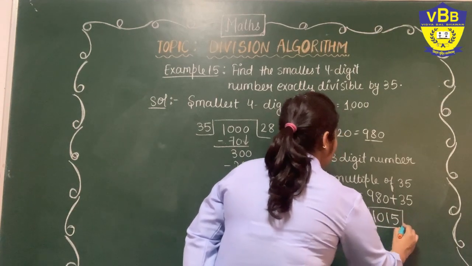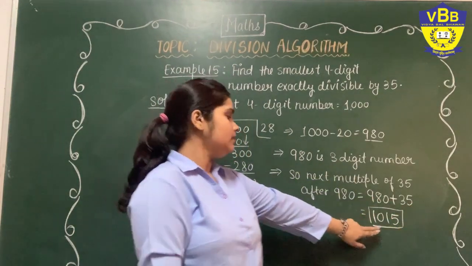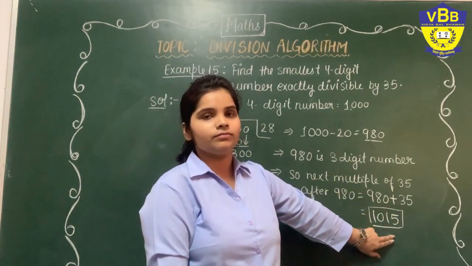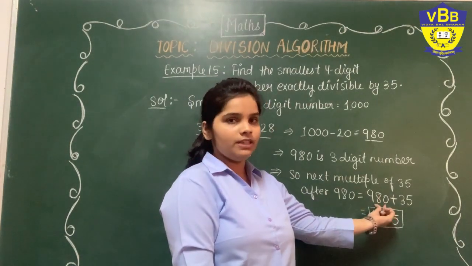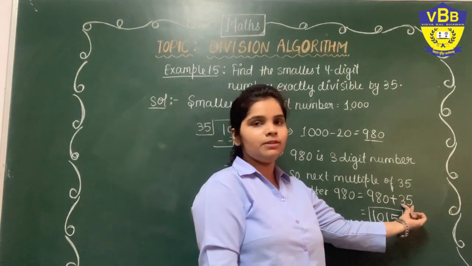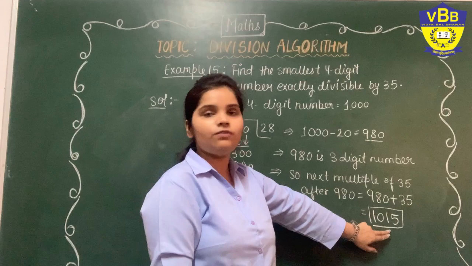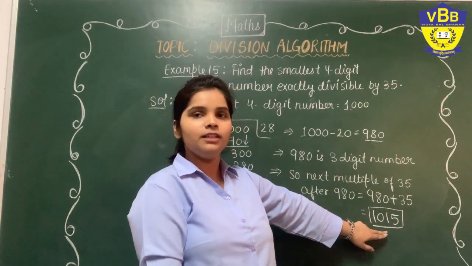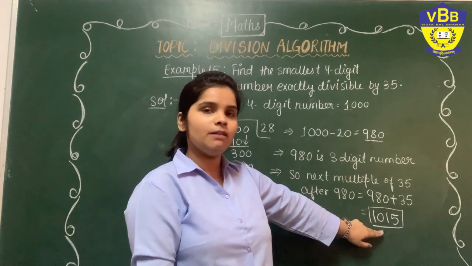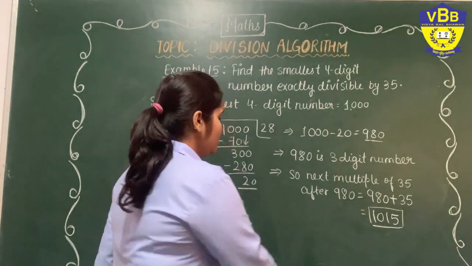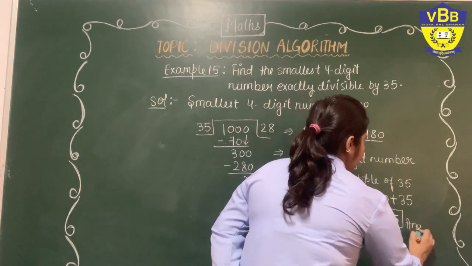When we added 980 with 35, we get the answer 1015. Now, as 980 was divisible by 35 and 35 is divisible by 35, so their sum will also be divisible by 35. And of course, it is also a 4-digit number. So our required answer is 1050.